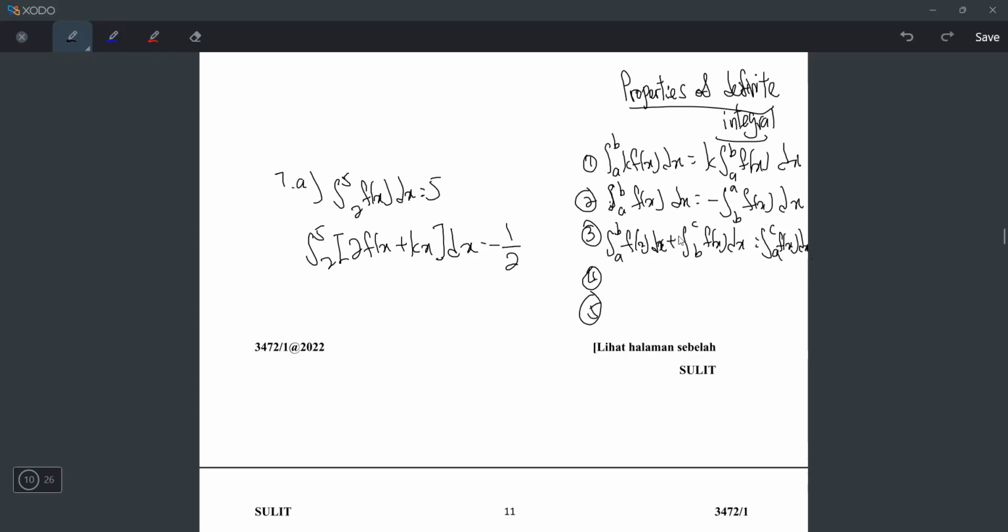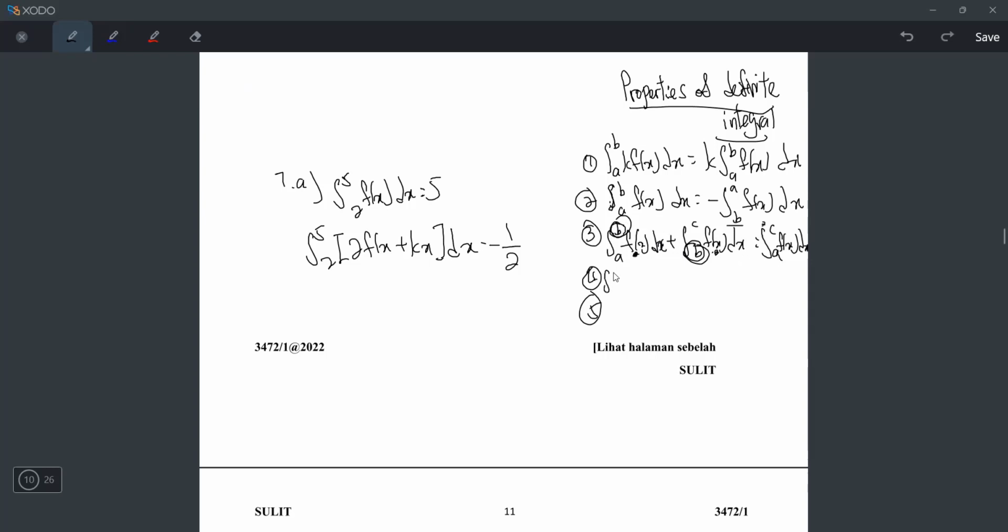When I integrate something plus integrate something, and if one upper limit and one lower limit are the same, I can cancel and then I'm left with c to a. But the condition is this: the integrand must be the same. If the integrand is not the same, cannot. If this is f(x), this is g(x), they cannot combine. You can only combine when the integrand is the same, and one upper number and one lower number are the same, then I can cancel. And then I'm just left with c on top and a at the bottom.